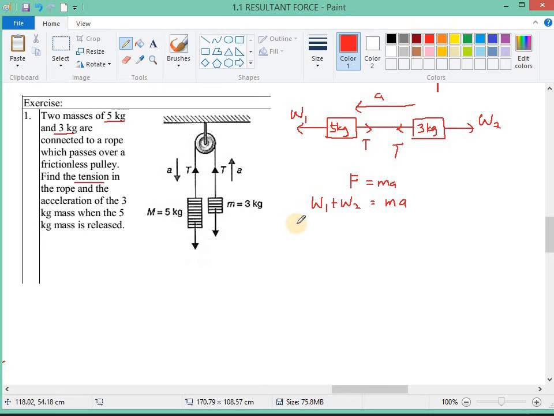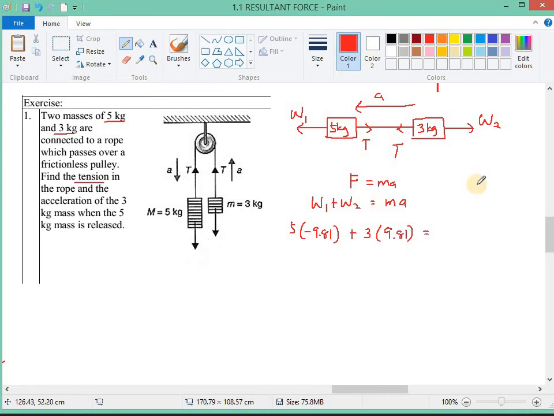So W1 is mass times gravitational acceleration, so 5 times, because this is going to the left, we take it as negative, negative 9.81. This W2 is to the right, so I put 3 times positive 9.81.